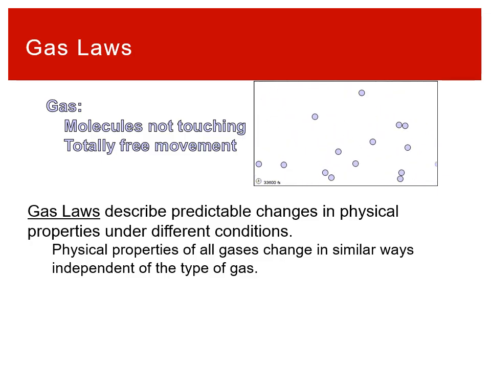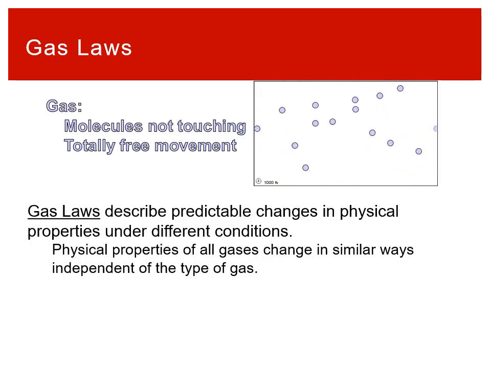And the thing that's unique about gases is that it doesn't matter what type of gas we're talking about: nitrogen, oxygen, air, carbon dioxide. Their physical properties change in predictable ways. So what that means is I can make predictions about how a gas is going to change just because it's a gas. It doesn't matter what type of gas we're looking at. This is unique for gases.